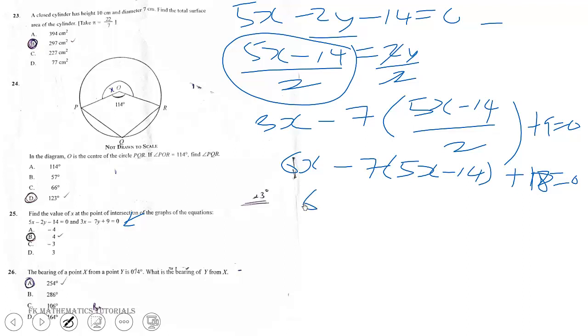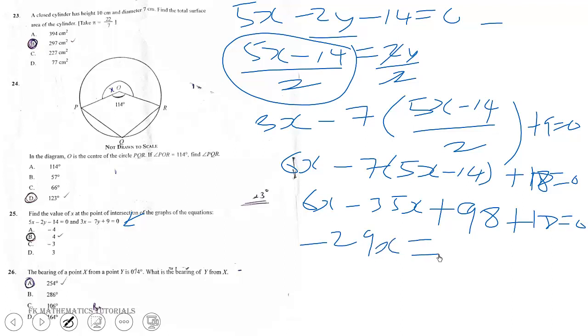So 6x minus 35x plus 7 times 14, that will give you 98, plus 18 equals 0. So 6x minus 35x will give you negative 29x.